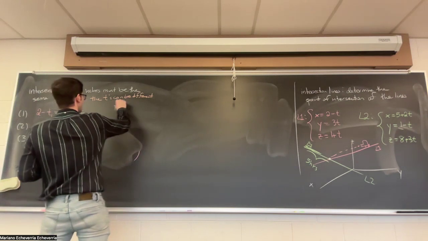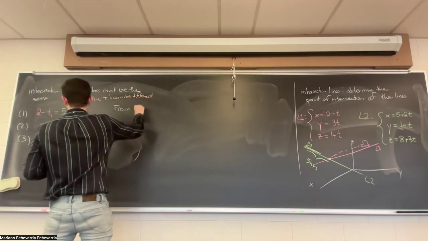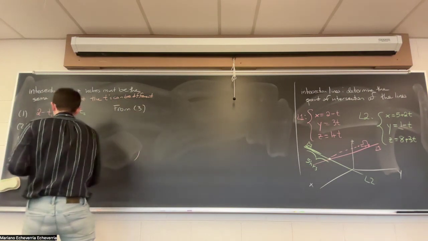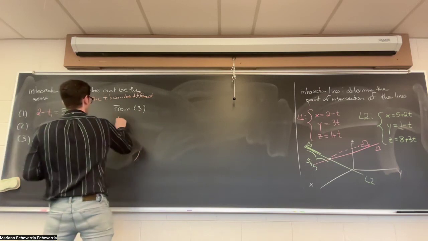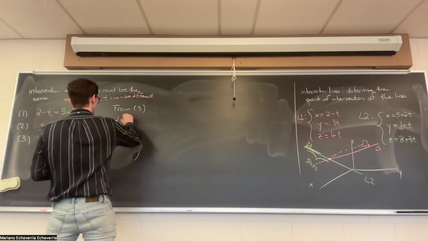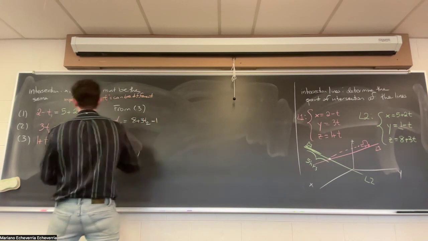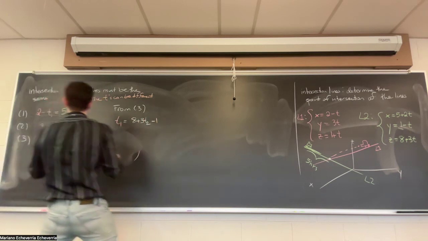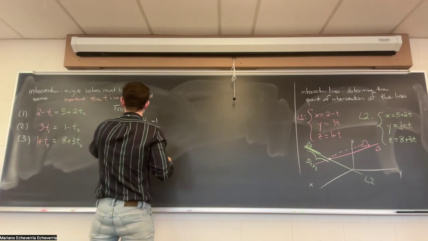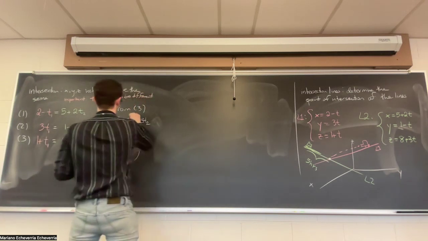So from equation 3, you get a formula for T1, which is 8 plus 3 T2, minus 1. When I send the 1 to the other side, you just get 7 plus 3 T2, right?